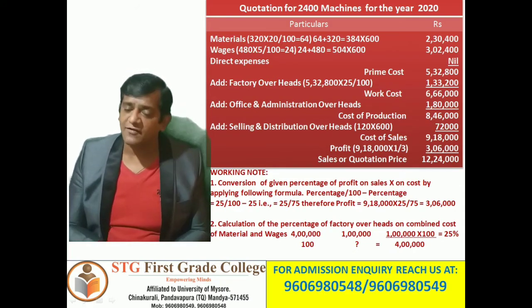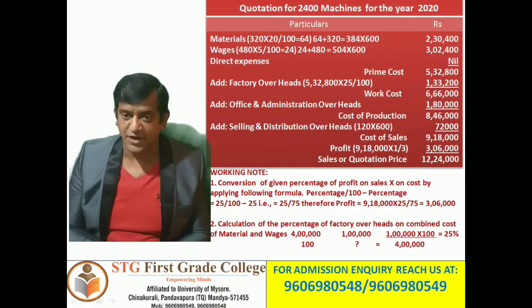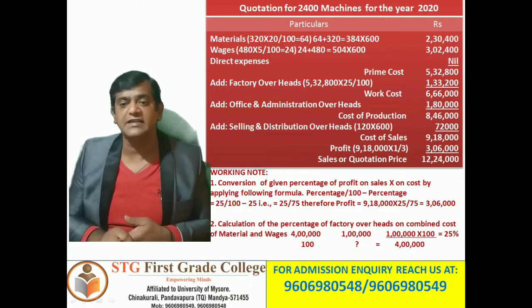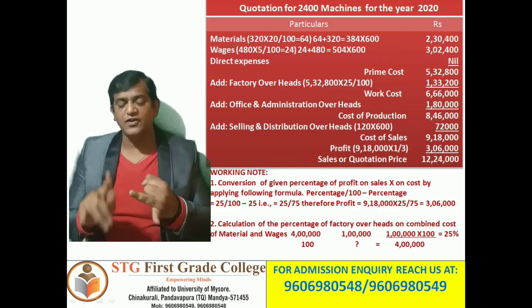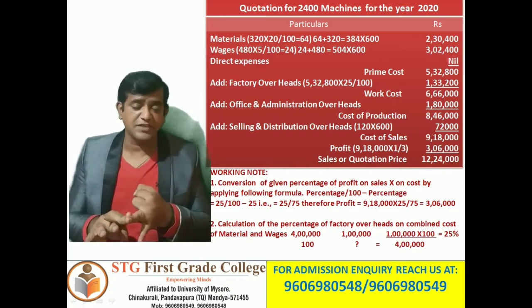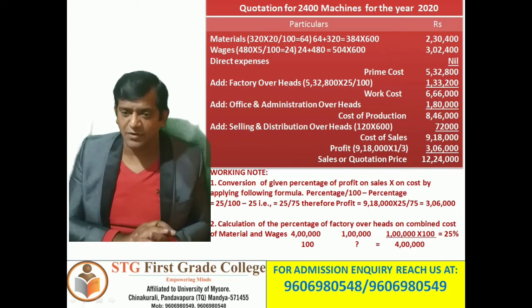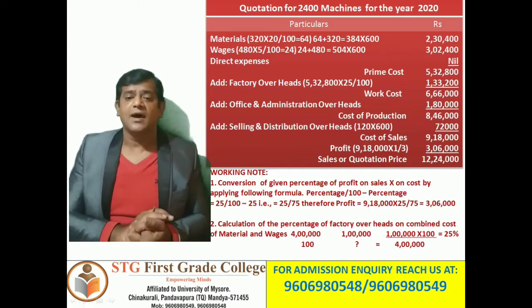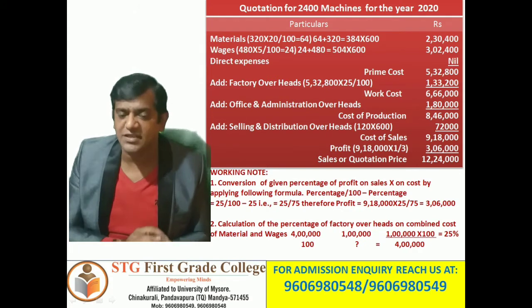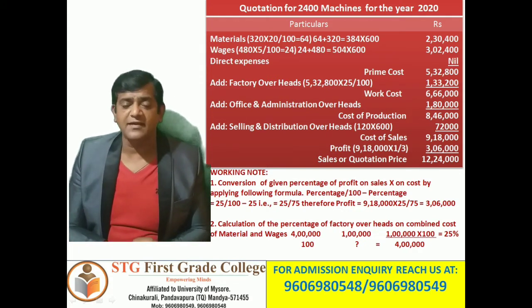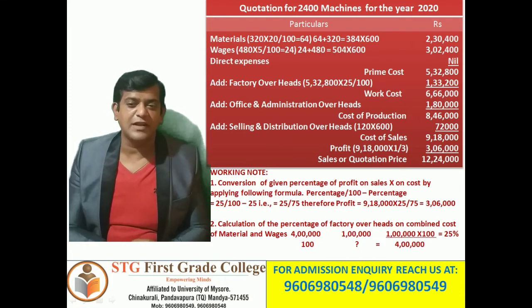And we have to give a quotation price. Cost of sales we know, 9,18,000. We don't know the profit, we don't know the sale or quotation price. He has clearly given a percentage, 25%, correct? By applying a simple formula we will calculate here.